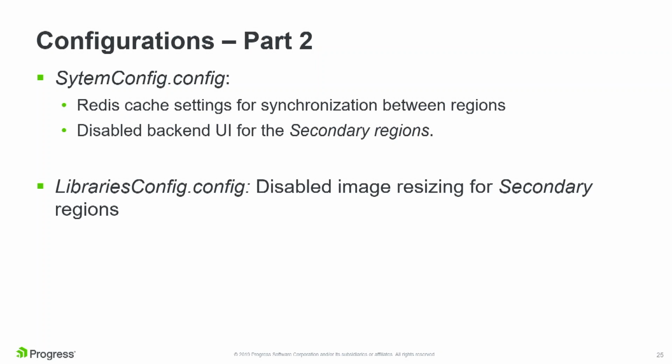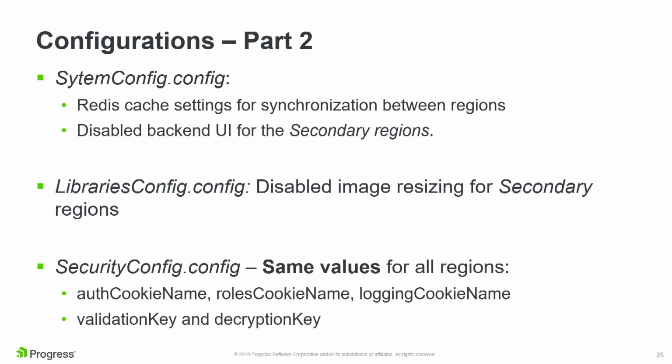That operation basically requires database persistence, and this is not allowed in the secondary regions. That's why it should be disabled for those regions. And the third piece is that you need to make sure that all values are exactly the same across all regions, all values for authentication parameters and encryption keys.